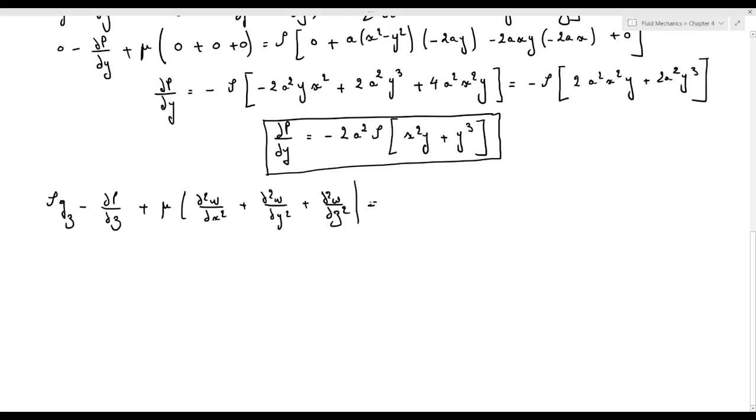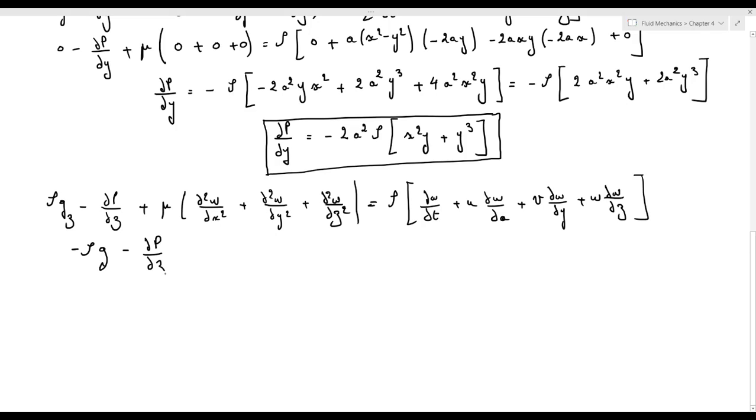It is equal to rho into the acceleration in the z direction: del w over del t plus u del w over del x plus v del w over del y plus w into del w over del z. So gz is equal to minus g, since z is up and g is down.